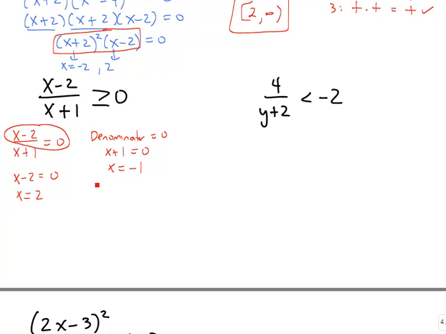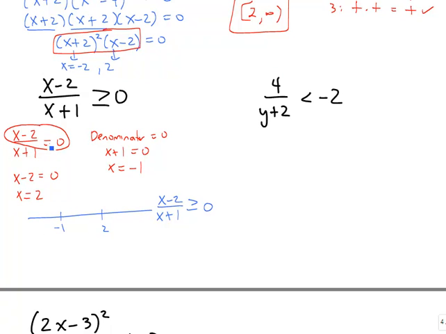So now that we have these two places where it's 0 or undefined, we're going to put these on our number line in order, negative 1 and 2, and we're going to substitute them into our inequality, x minus 2 over x plus 1 greater than or equal to 0, and we're going to test just like we did before.